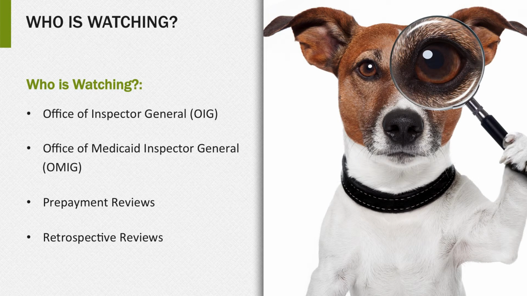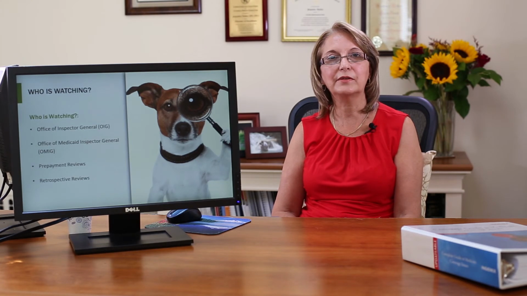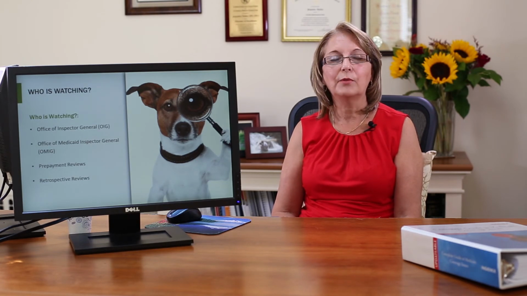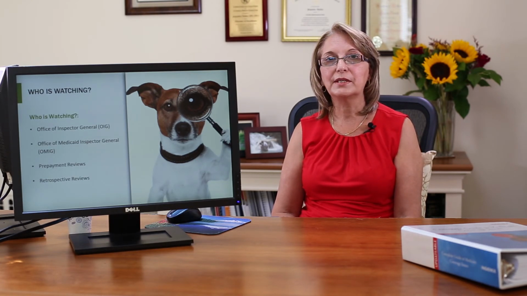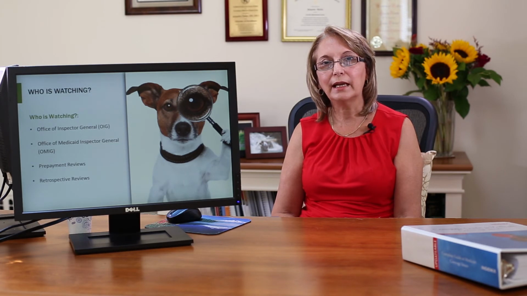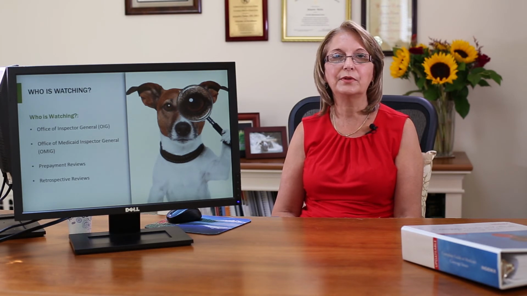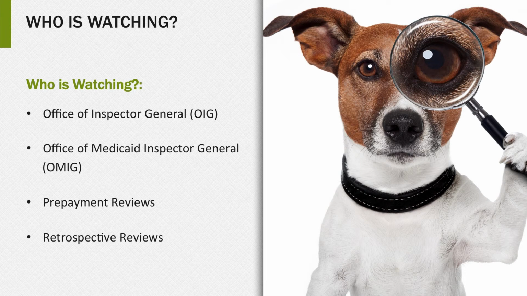Who is watching? You have a lot of eyes on you, particularly with the electronic health records now, with the cloning, which is actually on the Office of Inspector General's work plan and has been for the past few years. So in today's healthcare environment, CMS, the Office of Inspector General, and insurance carriers are aggressively auditing the providers.